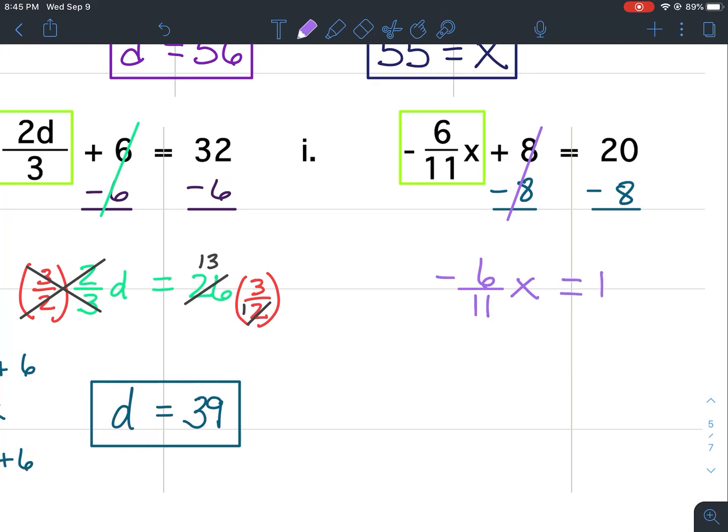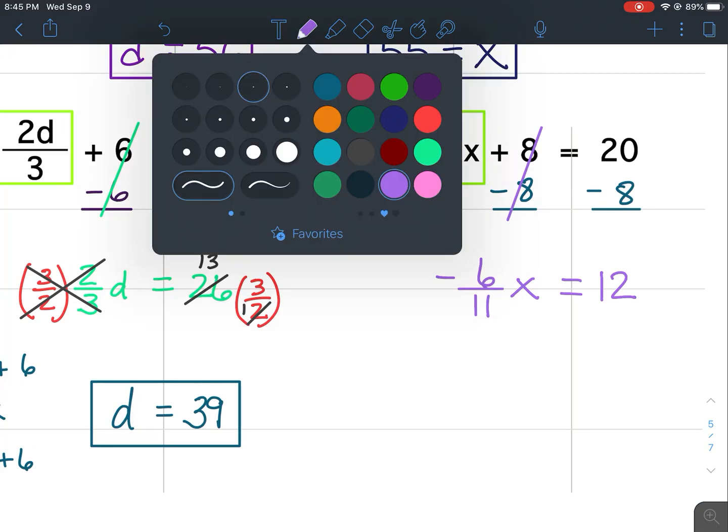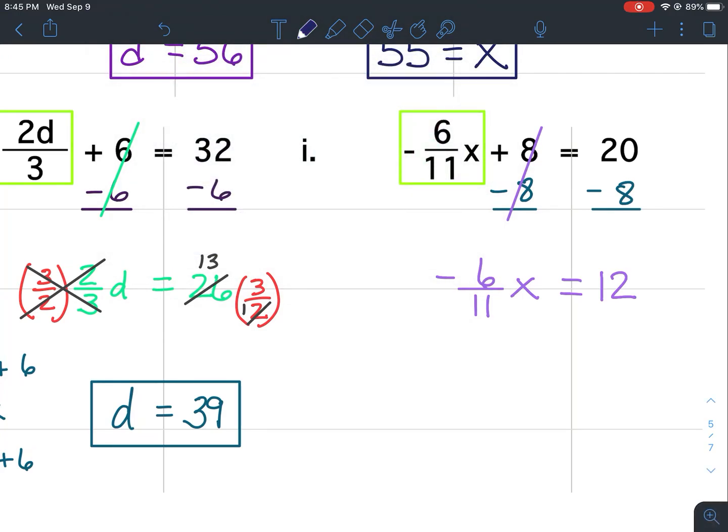20 minus 8 is 12. All right. I'm going to multiply both sides by the reciprocal because, again, I've got a multiplication problem that contains a fraction, so I need to use the reciprocal. The reciprocal of -6/11 is -11/6.